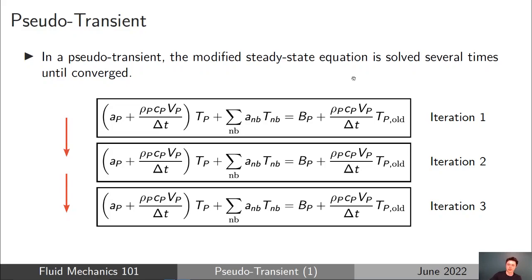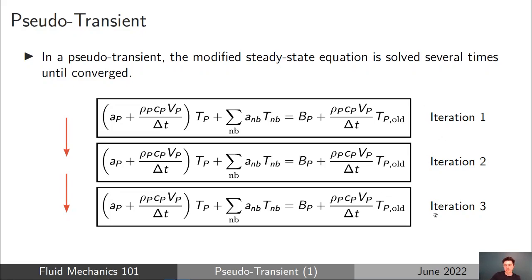And in the pseudo-transient approach, what we do is we have modified the steady state energy equation, so it's got the modification to the diagonal coefficient and the additional source term. And what we do is we just solve this equation sequentially several times. So we solve the equation once, we increment the pseudo-time step, and then we solve the equation again, increment the pseudo-time step, and repeat.